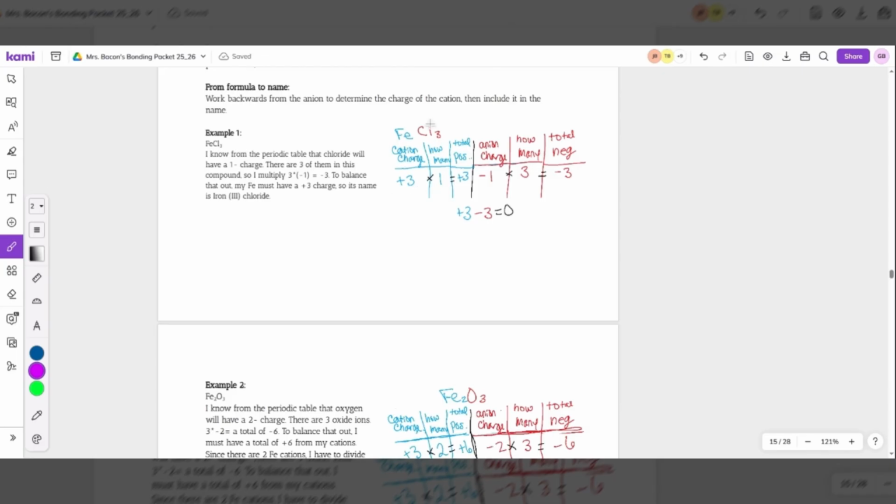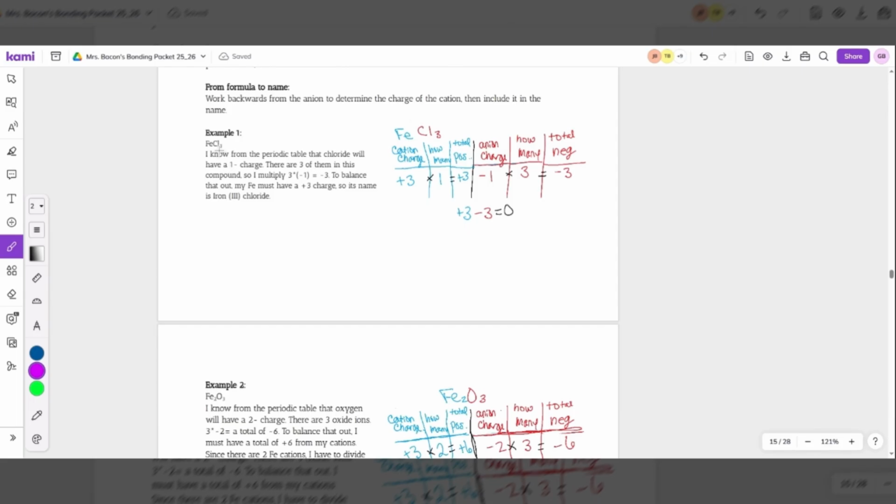Ultimately, I'm using the charge on my anion, and I have to figure out what charge of a cation balances that to give me a neutral compound. So for example, with FeCl3, I'm going to do it without the table first, and then if the table is easier for you, use that.